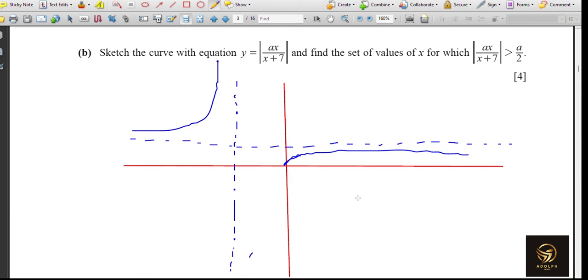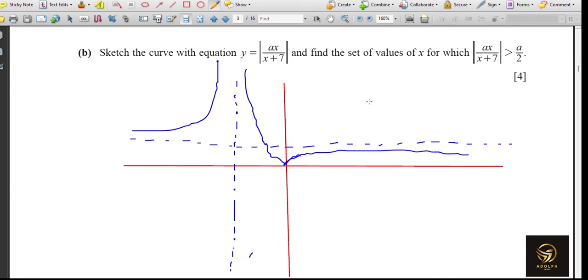What we will do is we will simply reflect it. So if you reflect it, then you'll be getting the answer like this. Actually, even this one should approach this asymptote, so maybe you can draw like this. So yeah, we have drawn that.